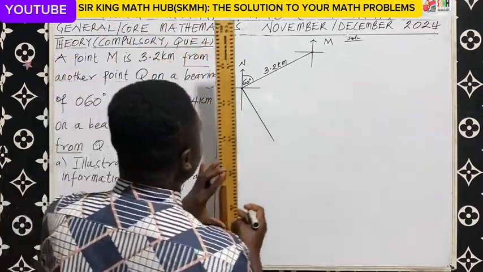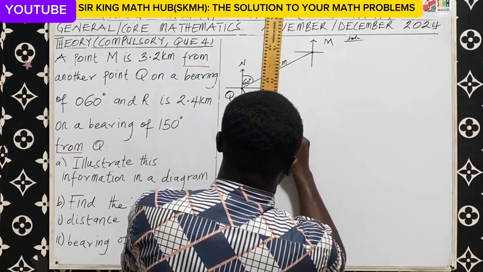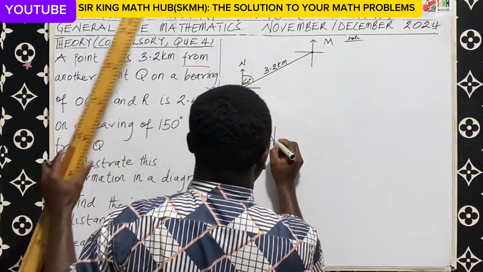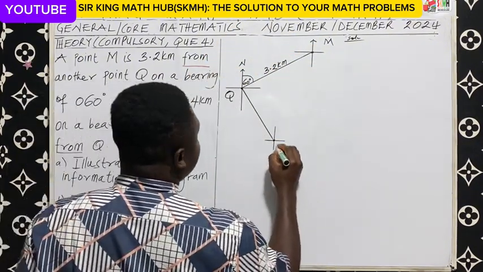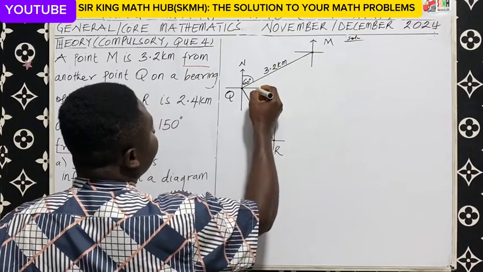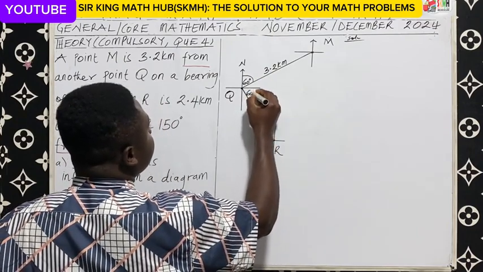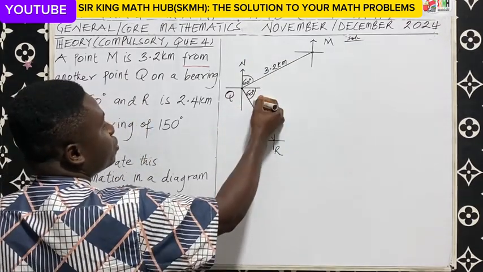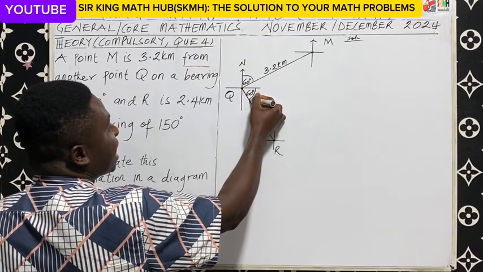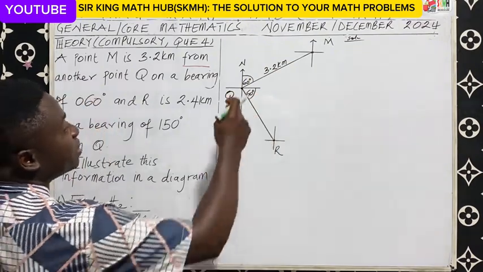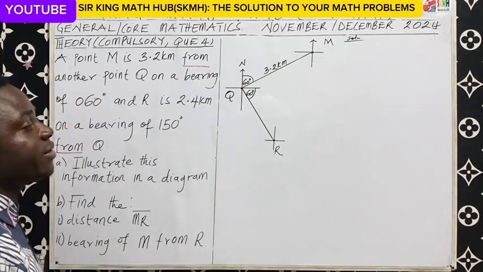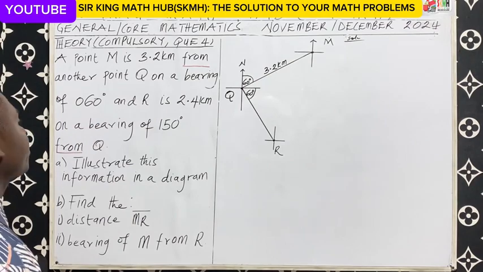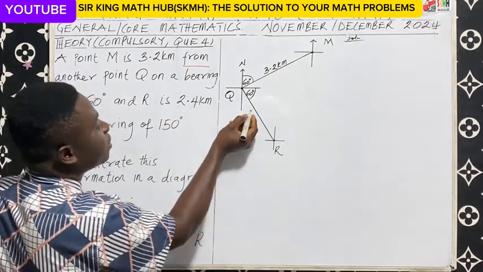So this will be our point R. From the geographical north to this line here measures 150 degrees because 90 degrees plus 60 will give us 150 degrees. Don't forget that the distance between point R and Q measures 2.4 kilometers.